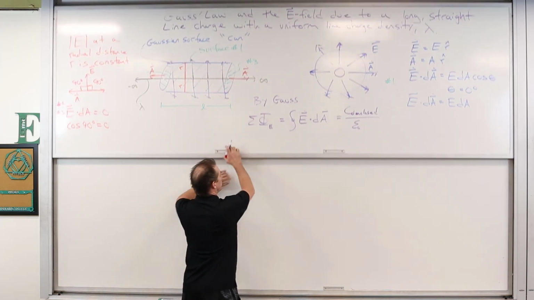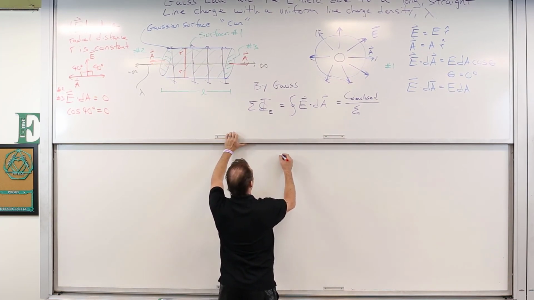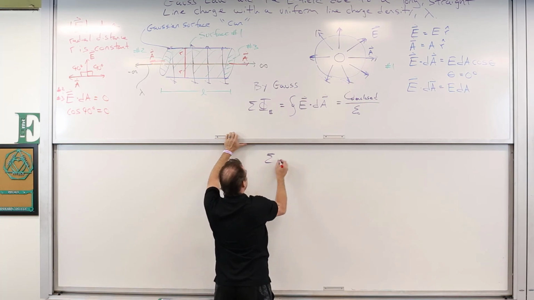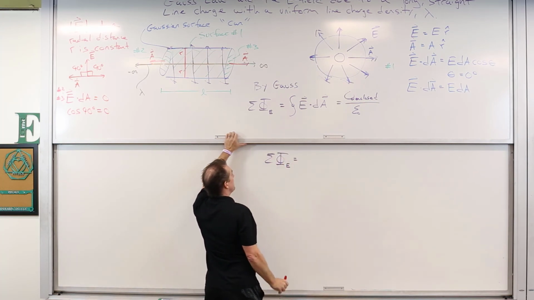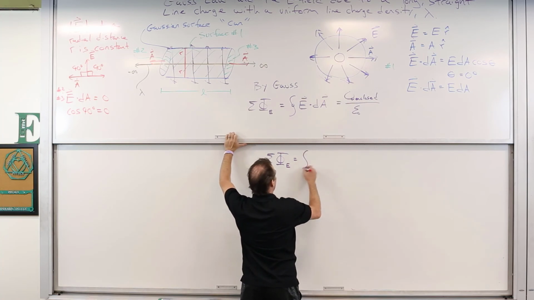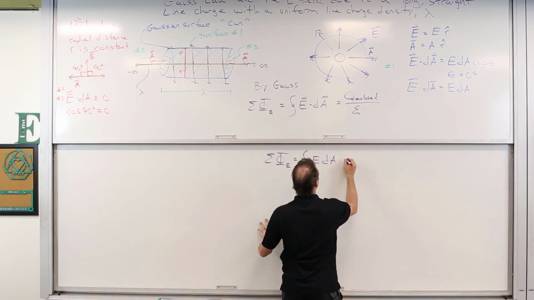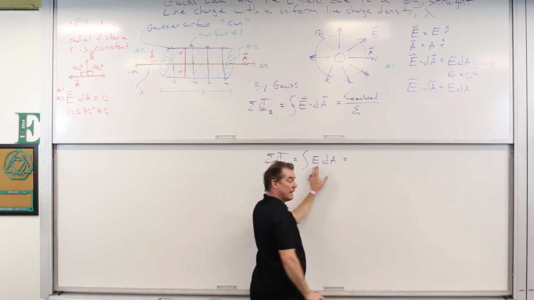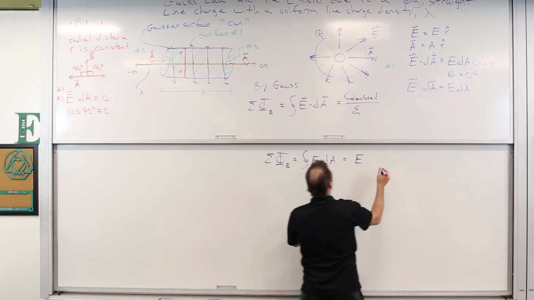So now we have that the net electric flux is going to be equal to the integral of E dA, and again, E is going to be constant over that surface, so we can pull it out. There's no variance of it. This again is still a closed surface.